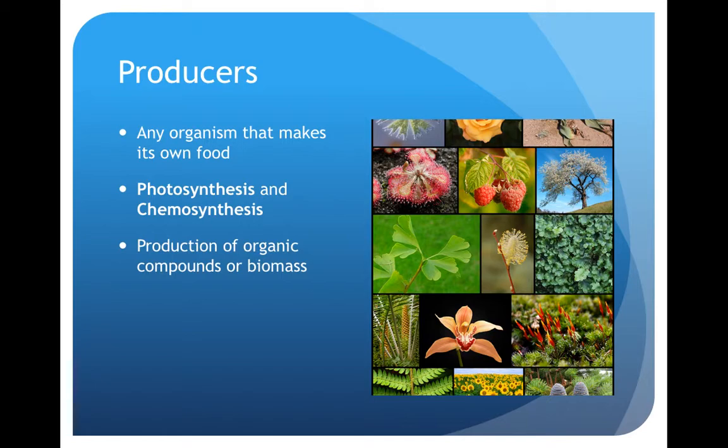Chemosynthesis is a little different than photosynthesis in that they're using the chemical energy around them in their environment to convert it to a different form of energy, where in photosynthesis, they're using direct sunlight to create organic compounds that we'll use as energy, like the foods that we eat. So that's how it initially starts.